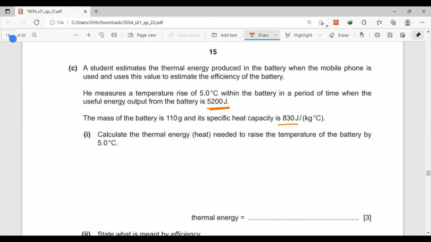So the formula: energy is equal to mc delta theta. The mass in kg is 110 divided by 1000. Specific heat capacity is 830 and the change of temperature is 5. So this answer is coming 460 joule.